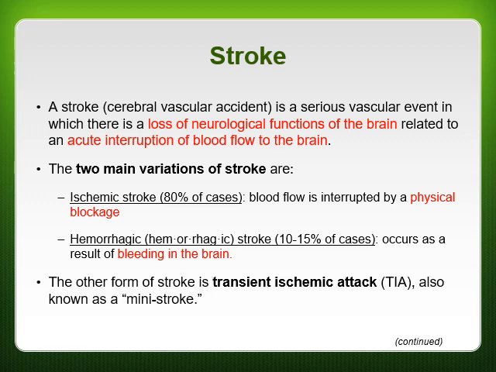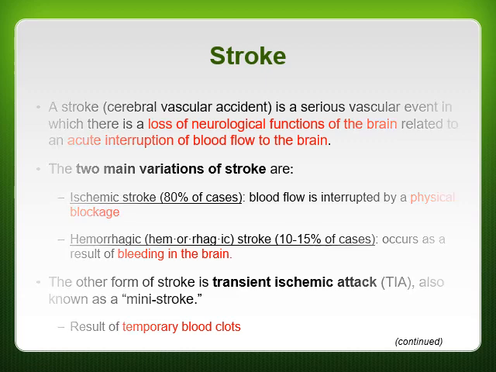The other form of stroke is a TIA, or transient ischemic attack, also known as a mini stroke. So that makes up that remaining percentage that's not accounted for. Those could be from temporary blood clots. But again, if they get in the way of blood getting to the brain, we could see some issues when it comes to neurological functioning.